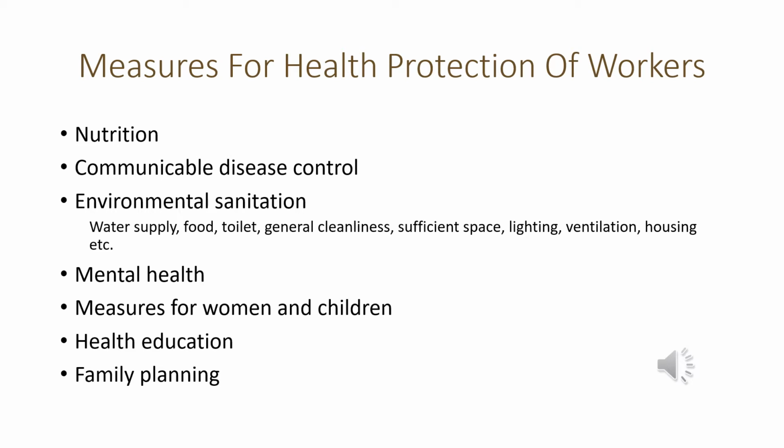For example, daycare centers are a good example of taking care of women and children in certain occupations. Health education should be there, and family planning should be focused upon among healthcare workers.